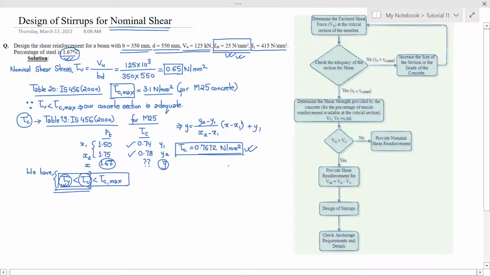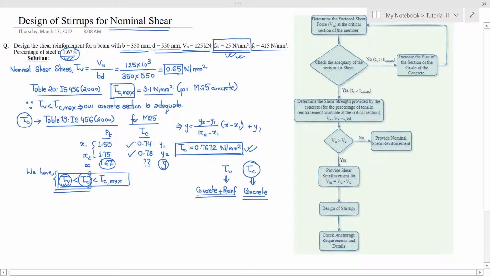So remember here, if tau c is larger, then the concrete is capable of resisting all the shear stresses coming onto your structure. But when the nominal shear stress is greater, then some part of the shear stress will be resisted by the concrete, and for the remaining part you have to design for shear reinforcement.